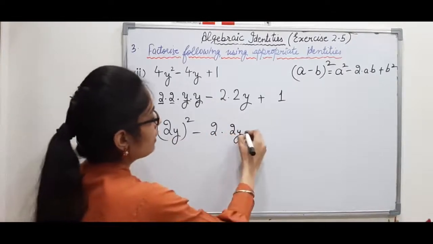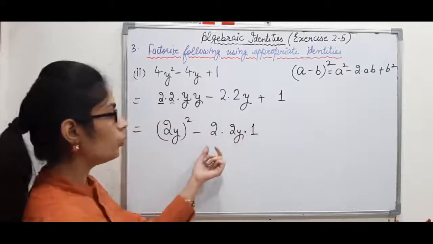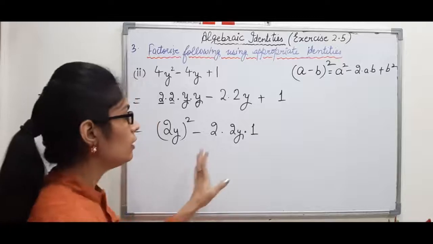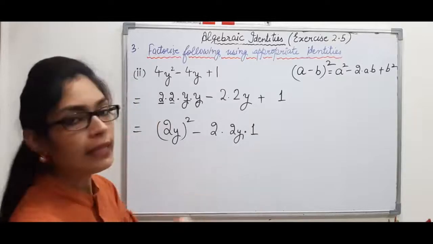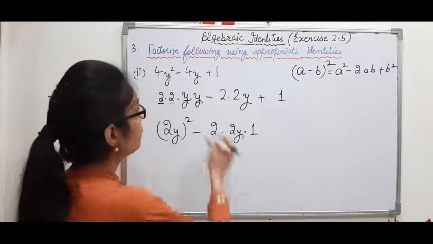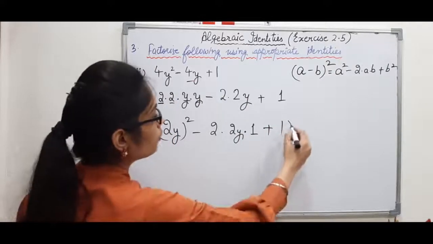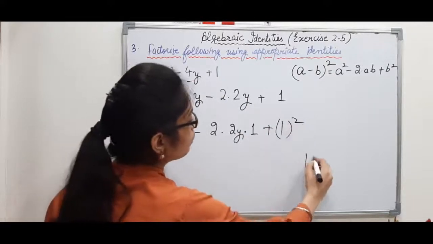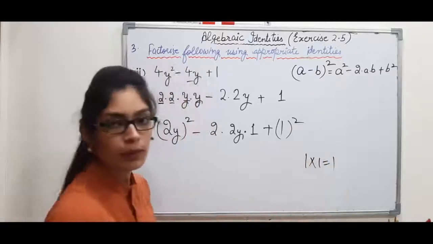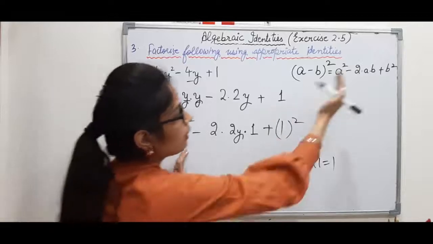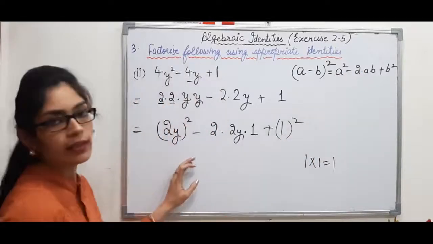So if you write here 1 also, 2 into 2y into 1, it will remain 4y only, because 4y into 1 is equal to 4y. So which is this plus 1. So 1 if you want you can write 1 square, because 1 into 1 again it will remain as 1. So just to make it similar with this form, that's why I have written it.